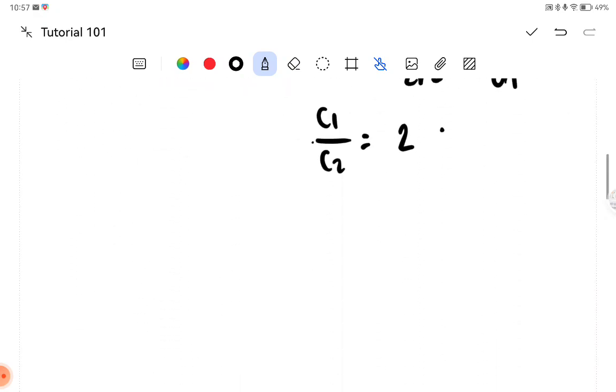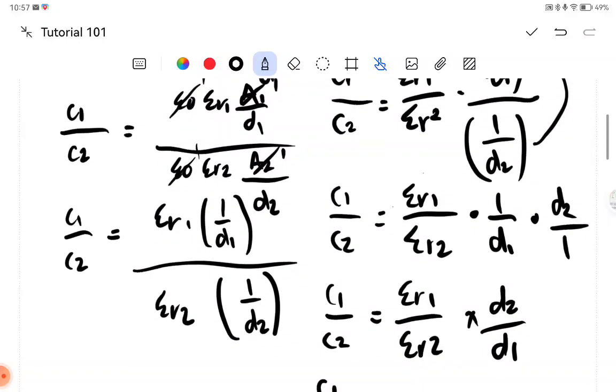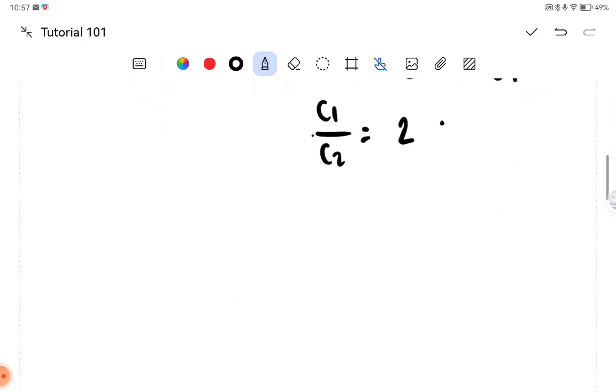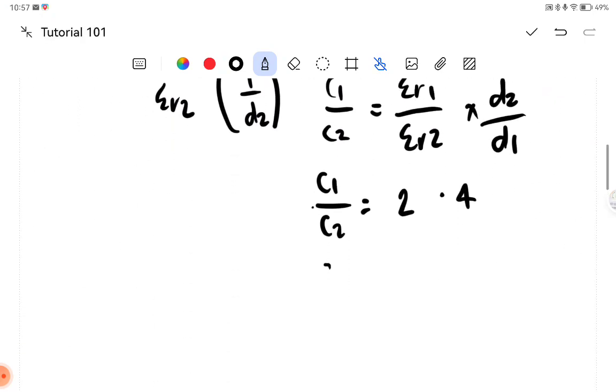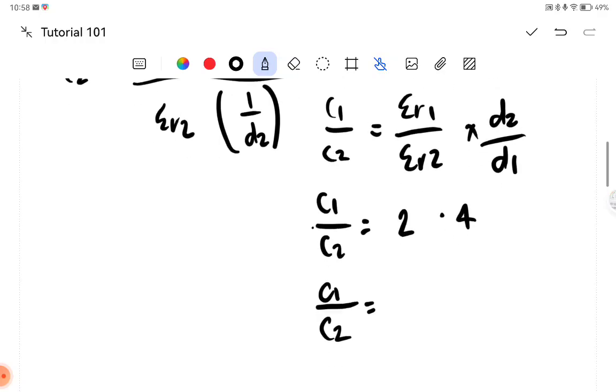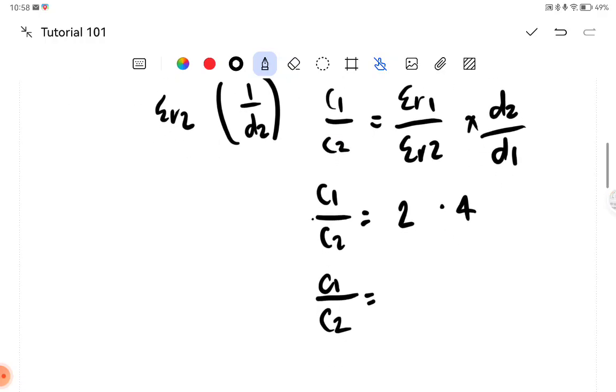Okay, so we have D2 over D1, its value is just simply 4. So by multiplying it, we already will have the value of our ratio of capacitance 1 and capacitance 2, which is simply 8. And this would be our final answer.